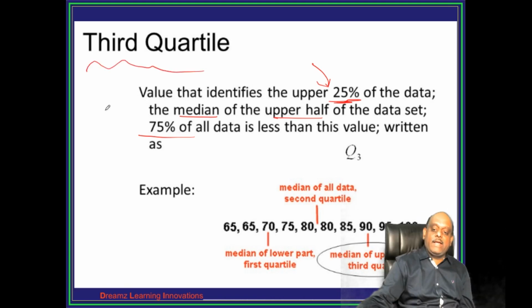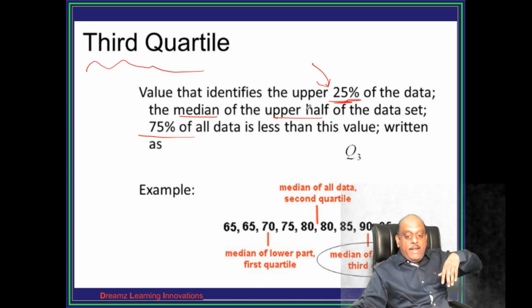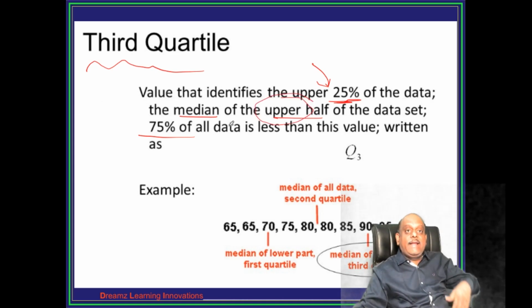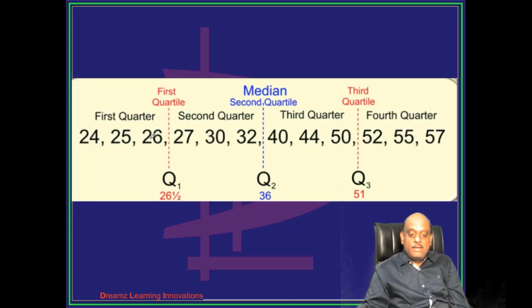Third quartile क्या होता है? It is the upper 25% of the data, and it is the median of the upper half of the data set, and it is 75% of all data. That's what you need to understand.